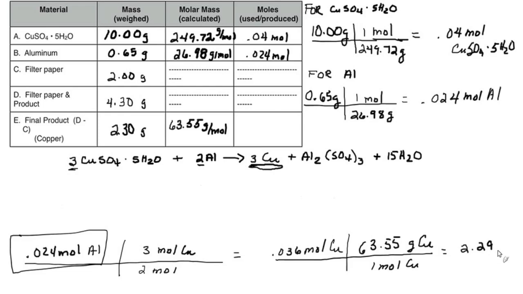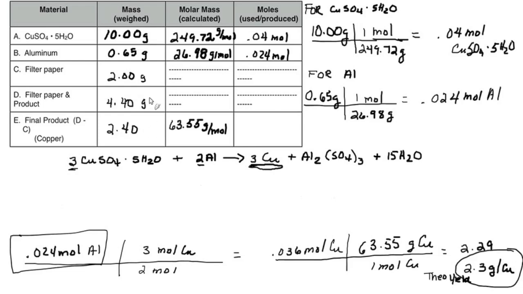Really, this only has two significant figures, so we could even go to 2.3. Basically 2.3 grams of copper. Now that is your theoretical yield.